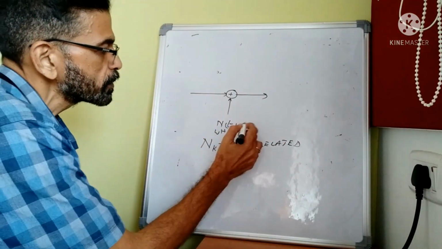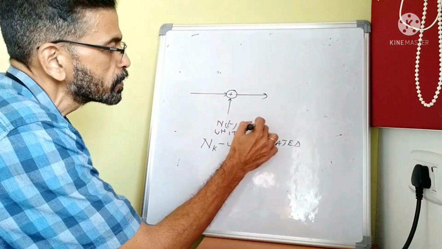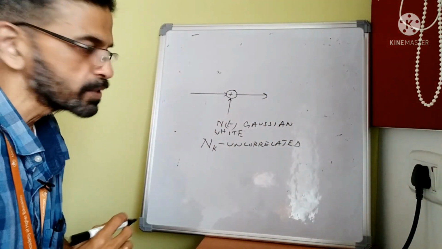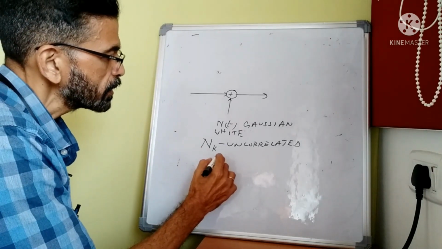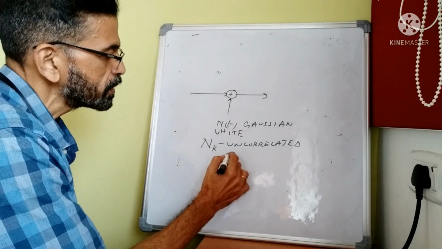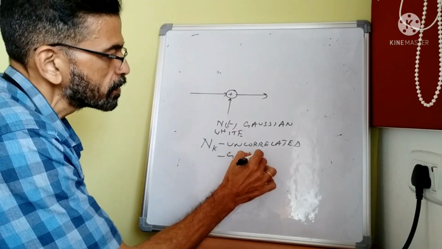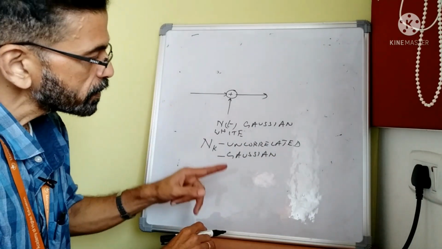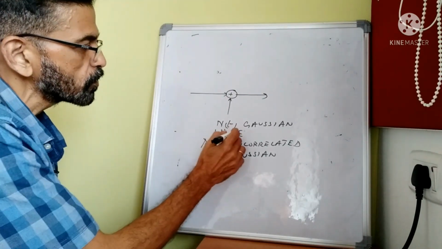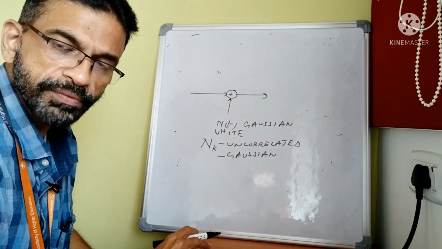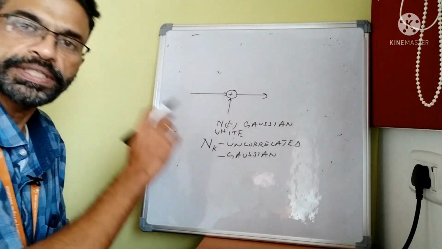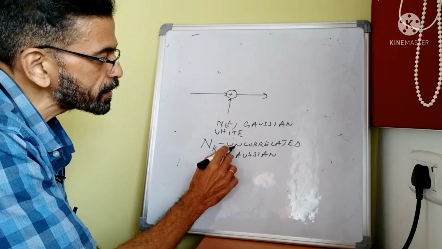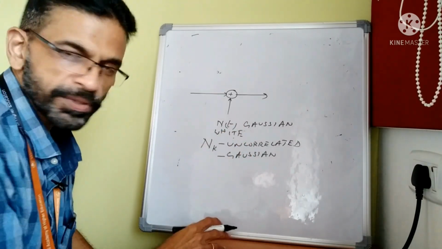Further, if nt is a Gaussian process, then nk will be Gaussian, and when nt is white Gaussian, nk will be uncorrelated because it is white and Gaussian because it is Gaussian.